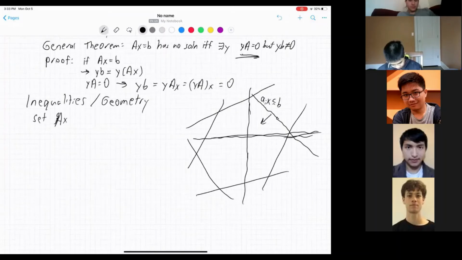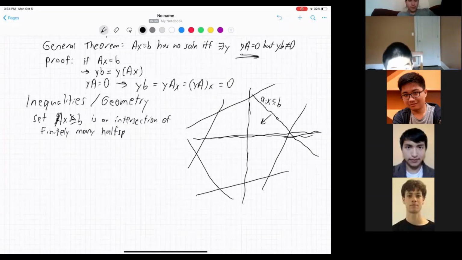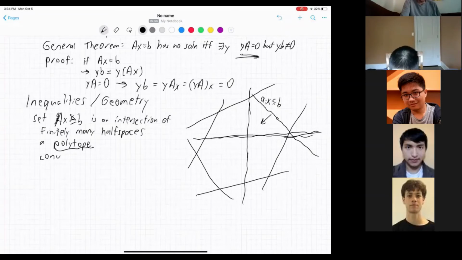The set of constraints Ax less than or equal to b, or greater than or equal to b, whichever I prefer, is an intersection of finitely many half spaces, in however many dimensions. And that is called a polytope. Okay. And for those of you who've done some geometry, it is a convex polytope.